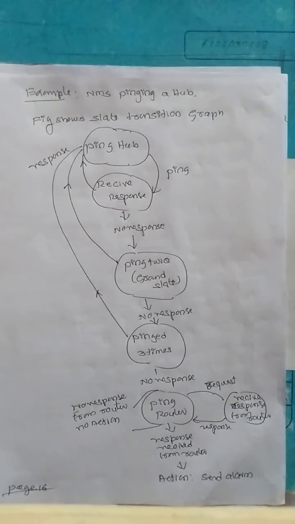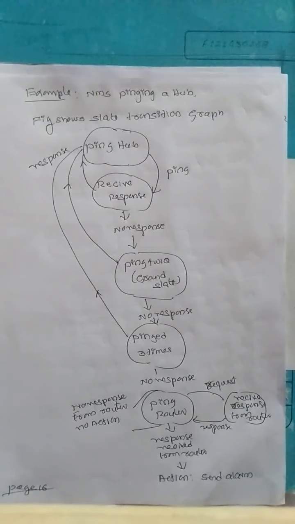Let us consider one more example, and it gives a clear idea of how it works. The NMS is pinging a hub, and the hub is working and the connectivity to the NMS is good. A response is received for each ping sent, say every minute by the NMS.